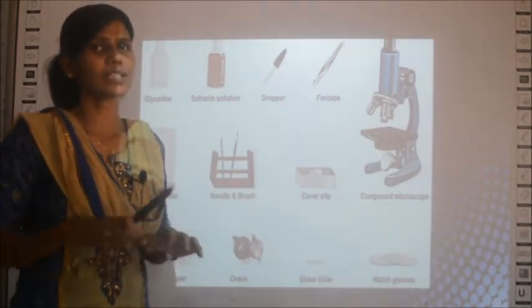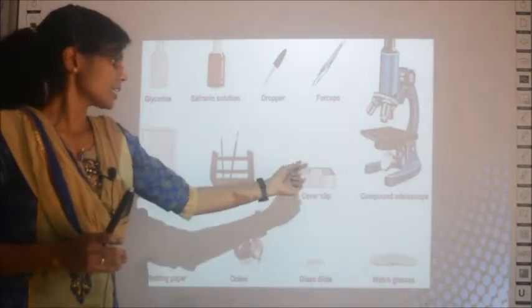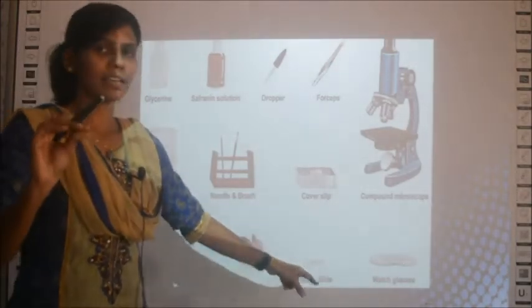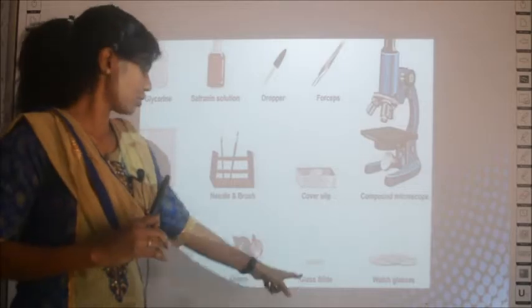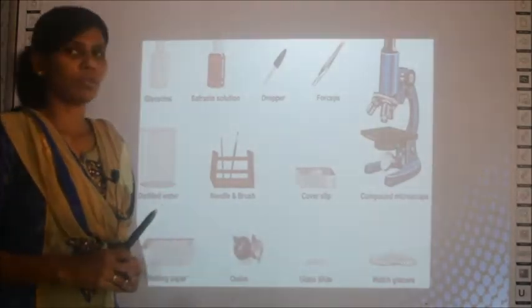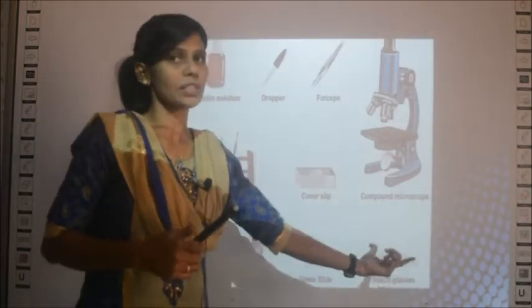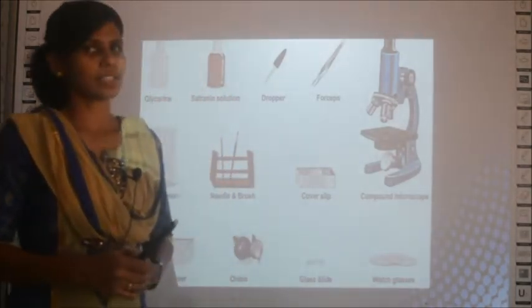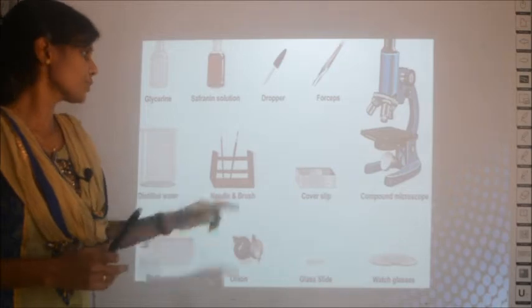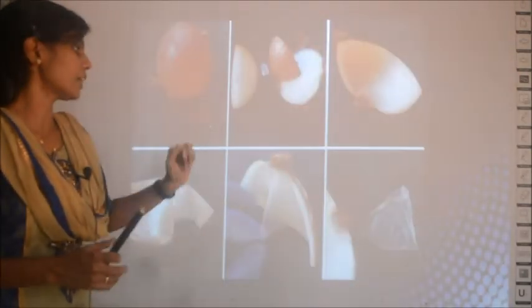That's why it is called a cover slip. These are very small in size, and even if you press tightly it will crush. And this one is the strong one, the glass slide. And for any preparation you can use the watch glass. So these are all the requirements for this observation.